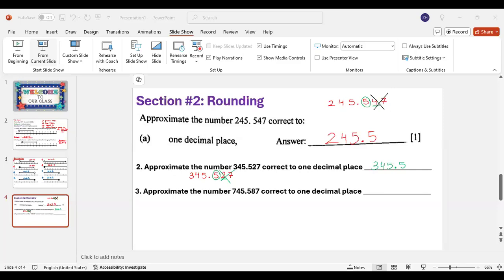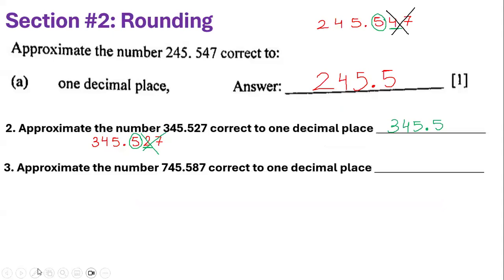All right, let's go ahead and do it on our own. So what number are we going to circle?